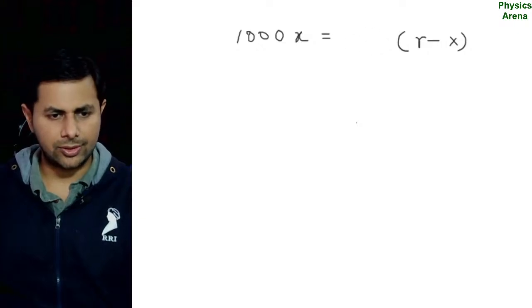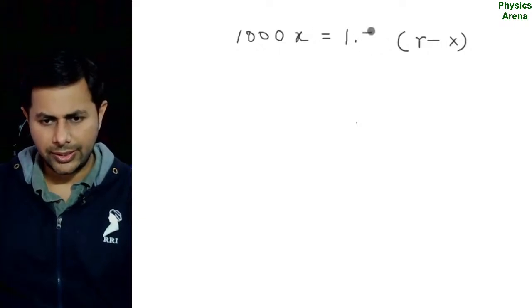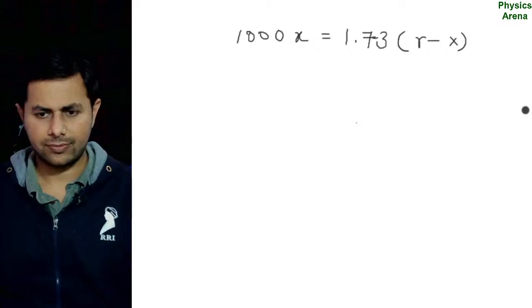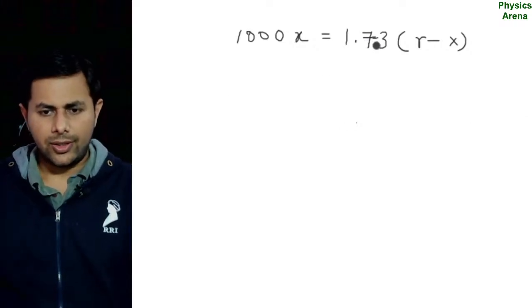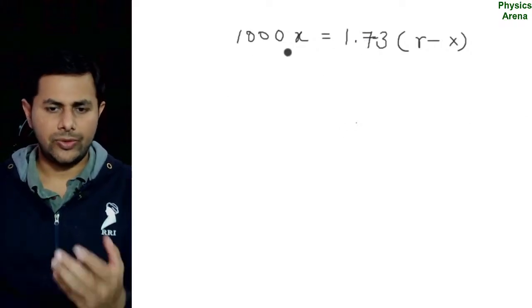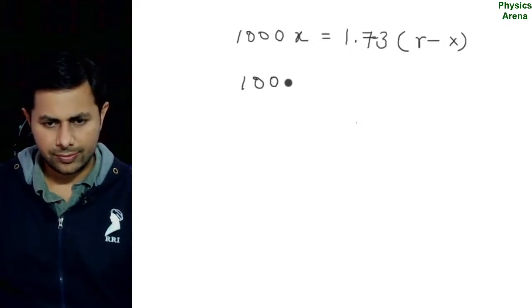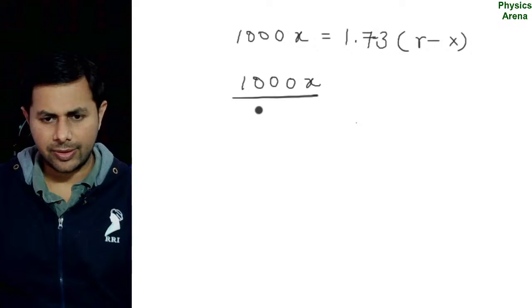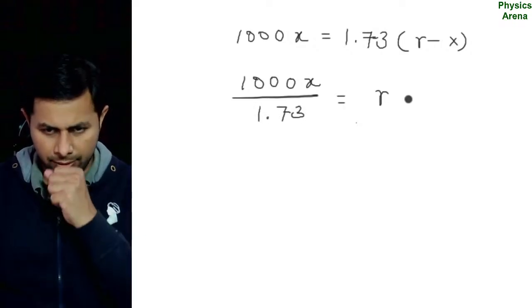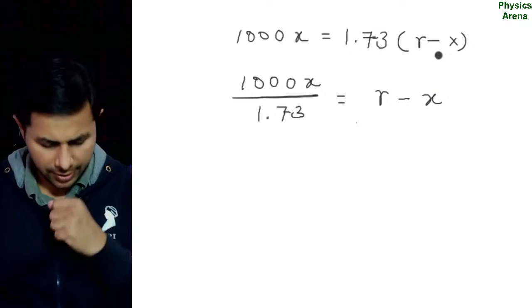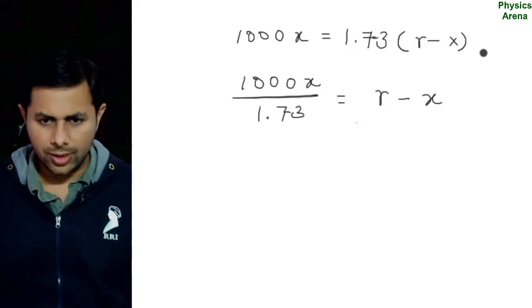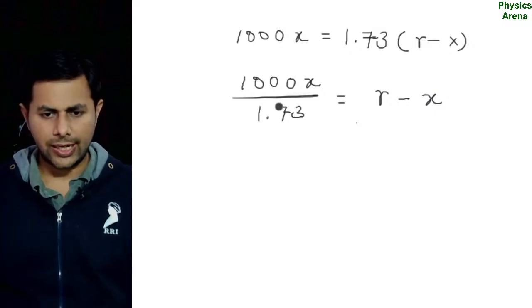Okay, so I will substitute that value, 1.73. All right, then again we have to divide by this 1.73. So it is 1000x divided by 1.73 equals, I'm sorry, r minus x. So now we need to calculate this.